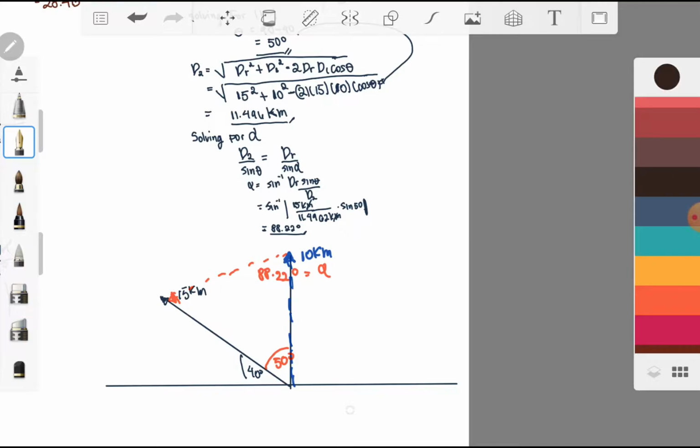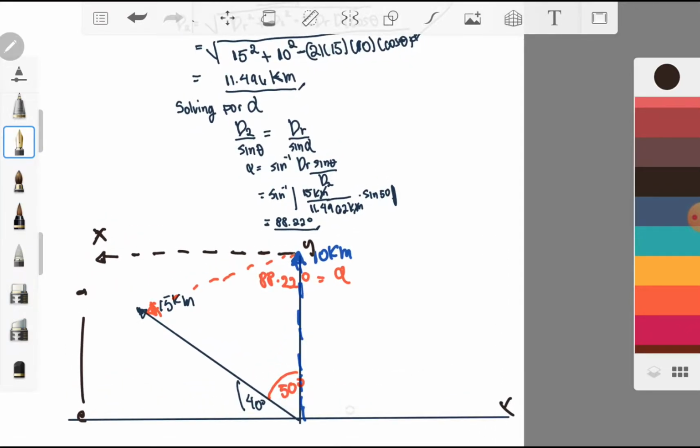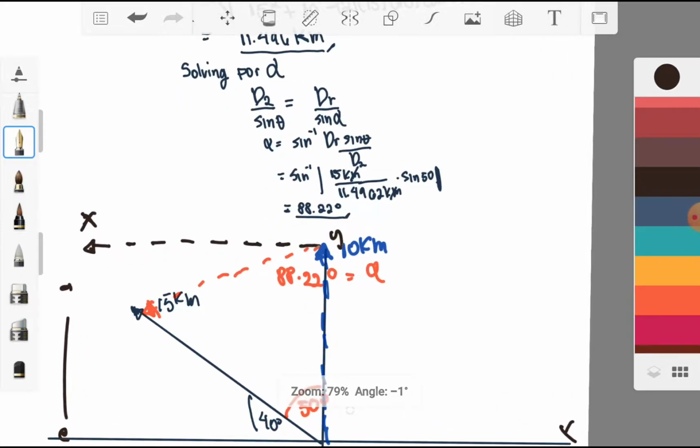By getting its position below the x-axis, I will project my x-axis upward. Take note that this is your y and x. So I will project this x-axis up in order to get the angle or the direction of my D2. I will consider it as your beta.